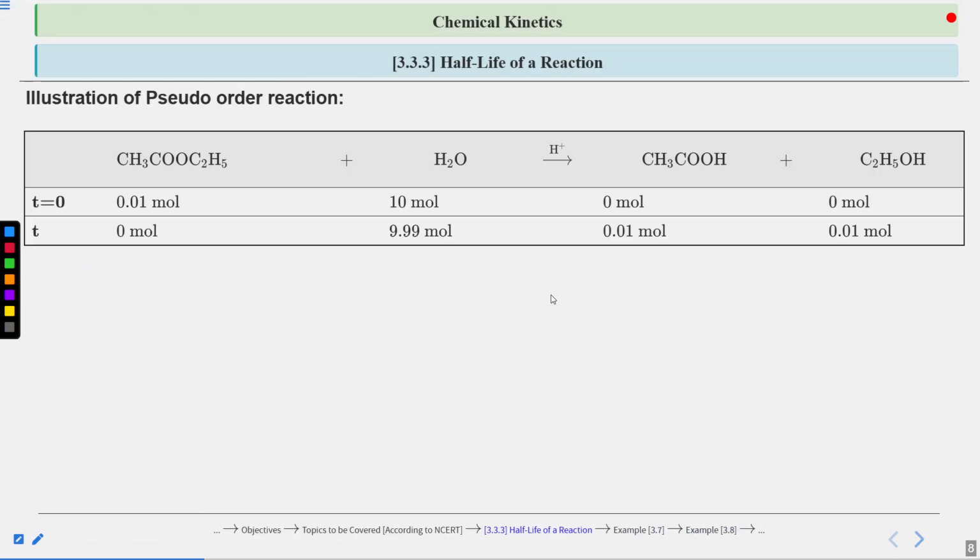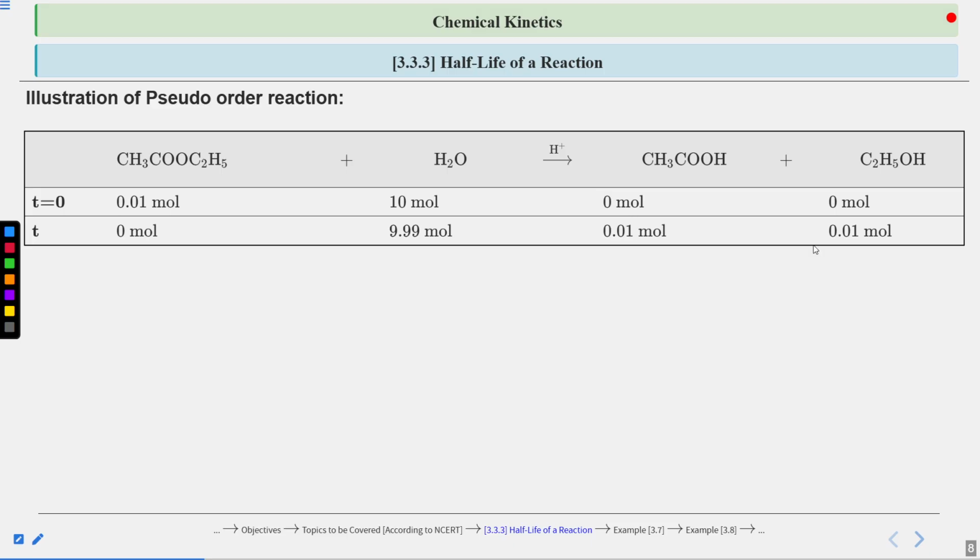Now if you look at this, ethyl acetate, CH3COOC2H5, when it reacts with the water molecule in excess amount, converts to acetic acid CH3COOH and ethanol C2H5OH. Now at time t equals 0, we have given the concentrations of the reactants and the products.